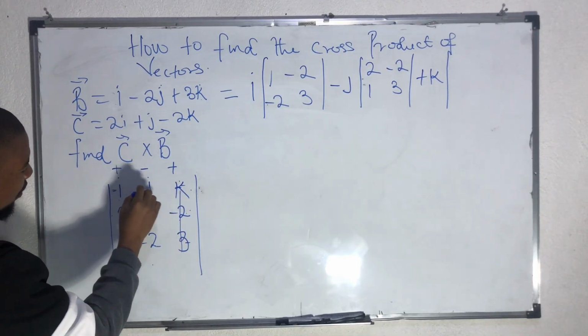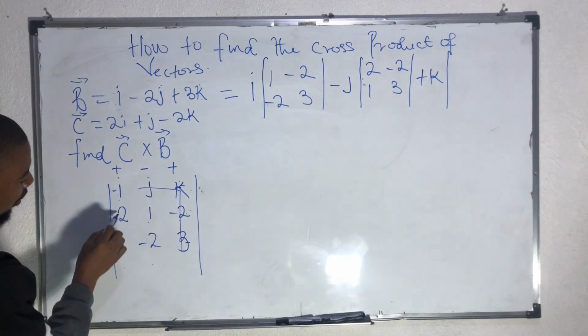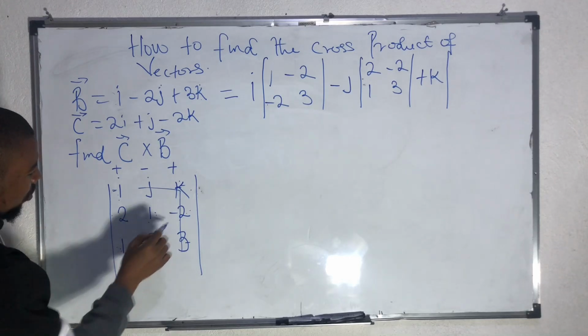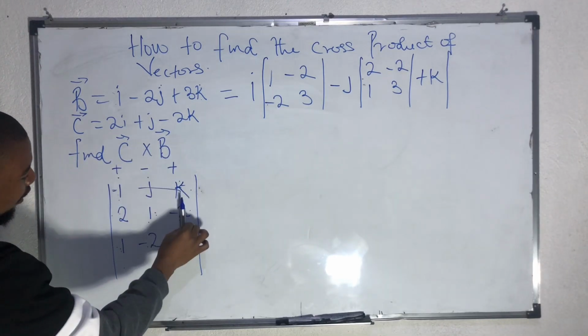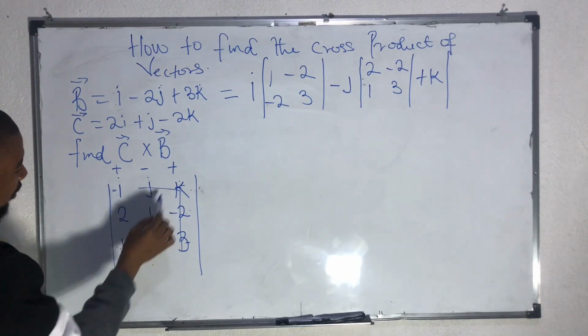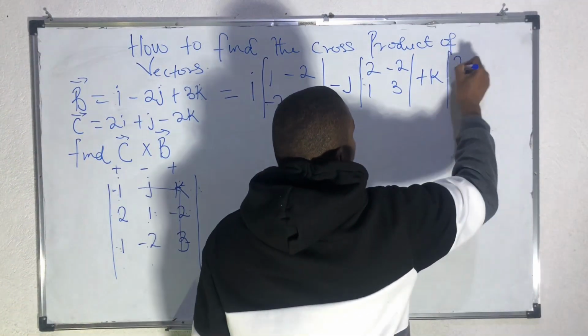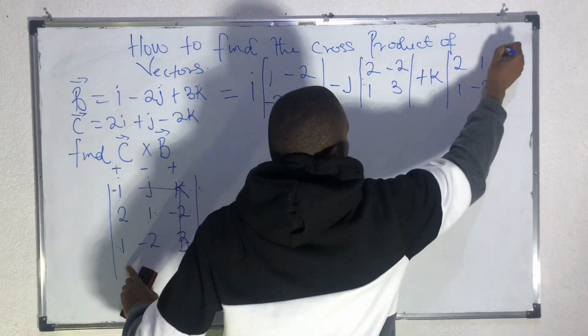Whatever now remains belongs to k. 2, 1, 1, negative 2 belongs to k. I said hide the row and the column. Whatever remains belongs to k. What do you have here? 2, 1. We have 1, negative 2. You close your bracket.